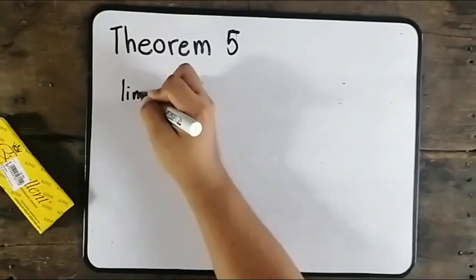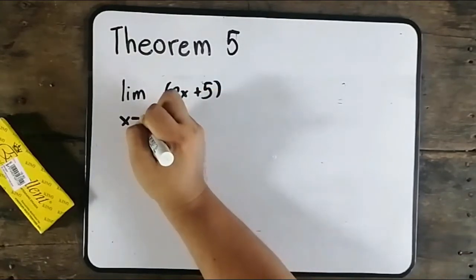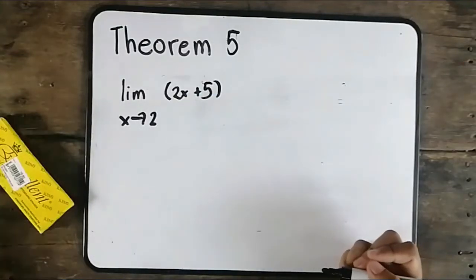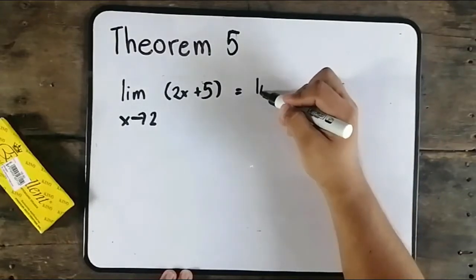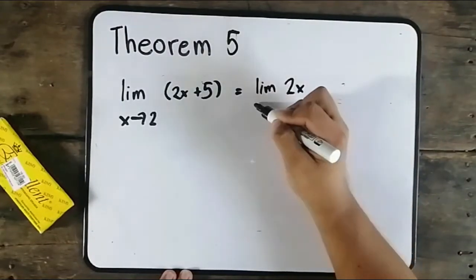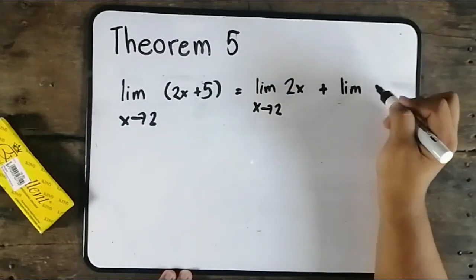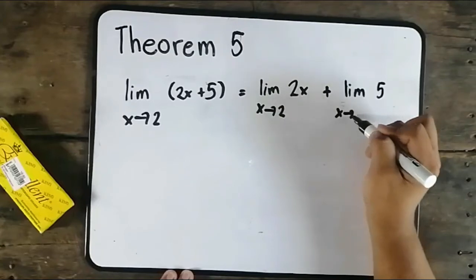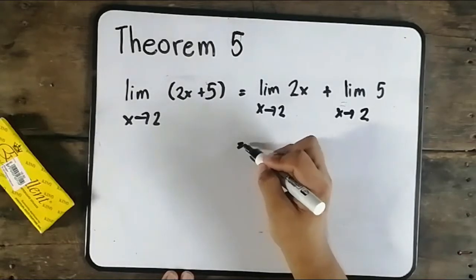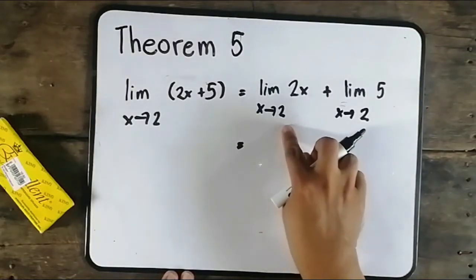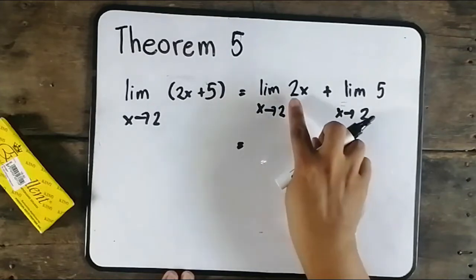So, for example, we have the limit of the quantity 2x plus 5 as x approaches 2. So, by Theorem 5, pwede nating i-separate to, magiging limit of 2x as x approaches 2 plus the limit of 5 as x approaches 2. And then, etong limit na to, by limit theorem number 4, di ba? Pwede nating ilabas yung constant.